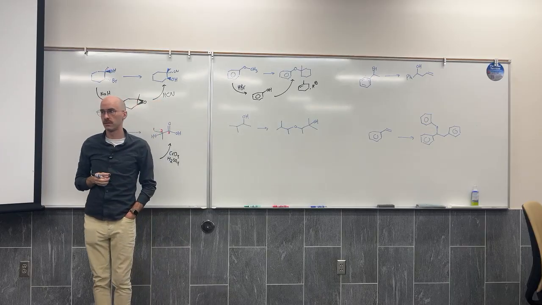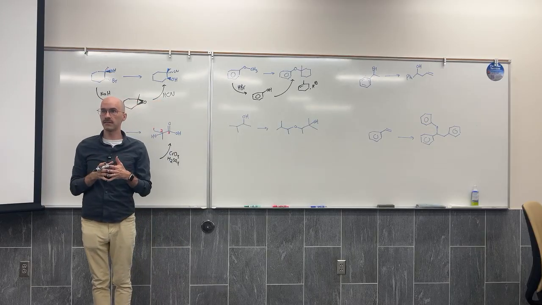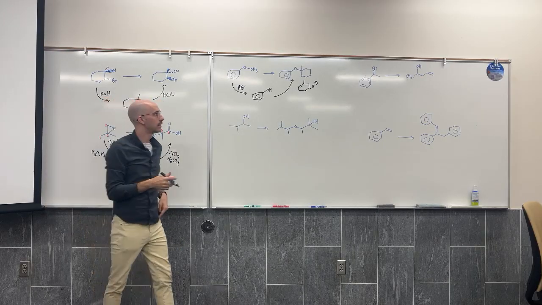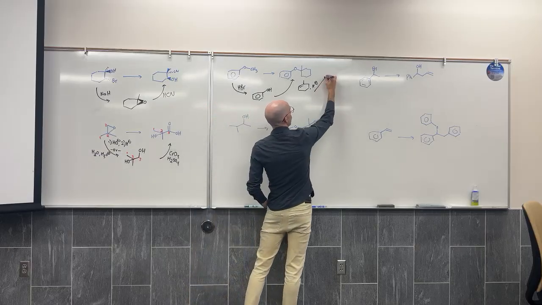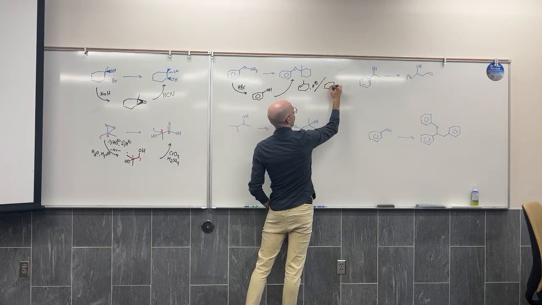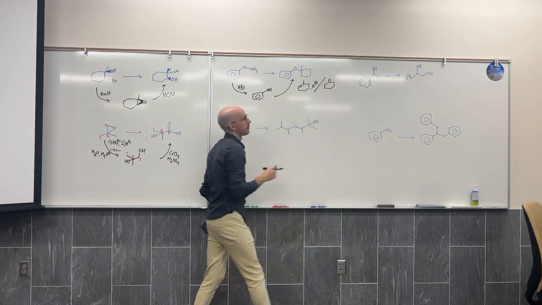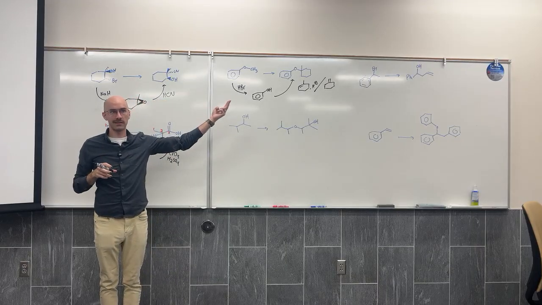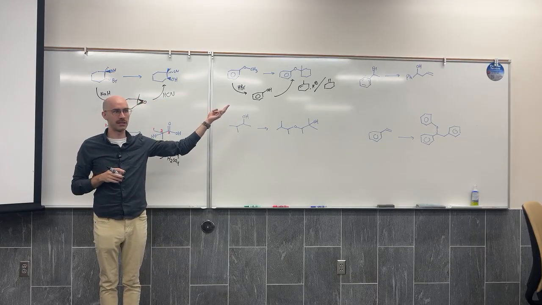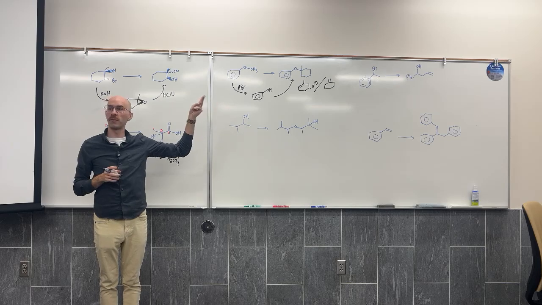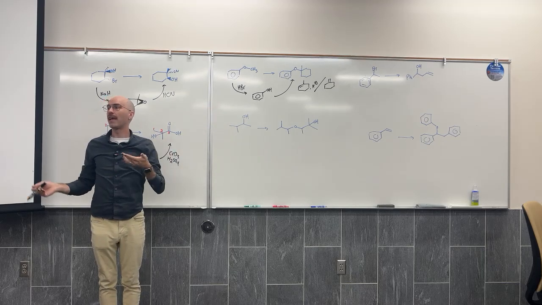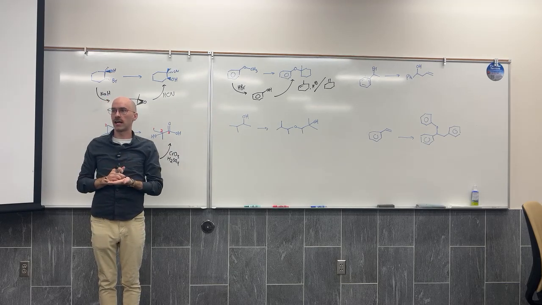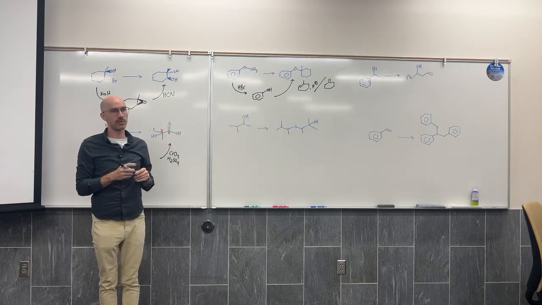etherification. If I have an alkene and acid, the alkene will form a carbocation on the most substituted carbon, which means there's actually 2 alkenes, 2 structural isomers that could form the same carbocation. And then the alcohol attacks the carbocation at the most substituted position and forms our ether.